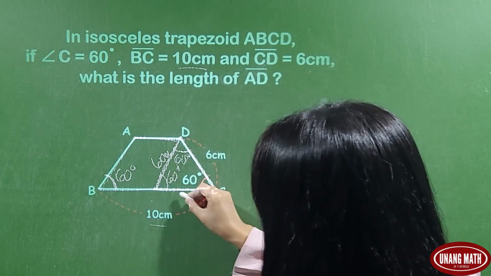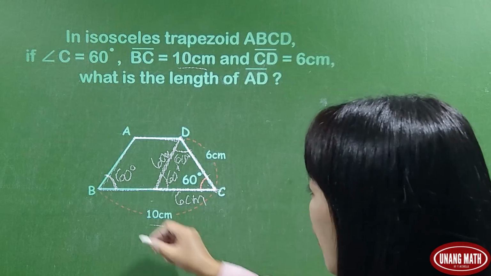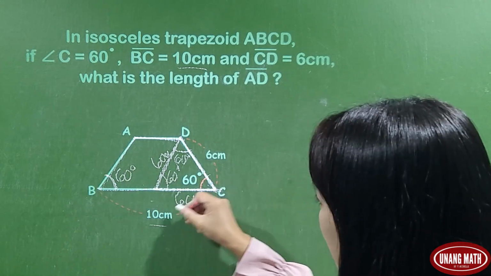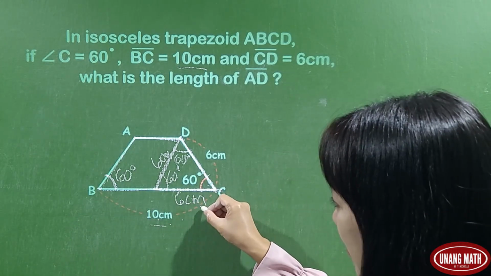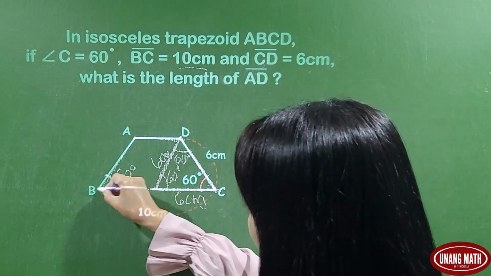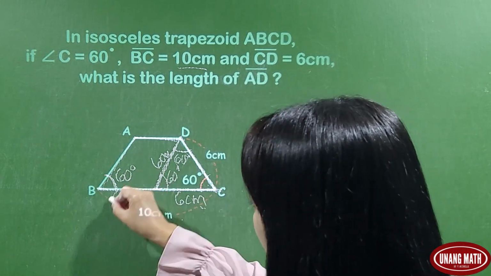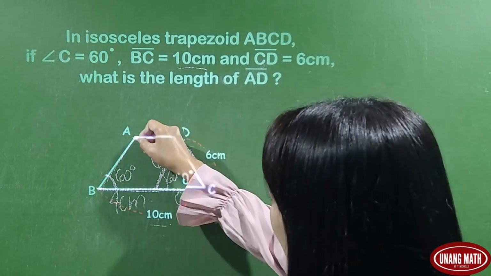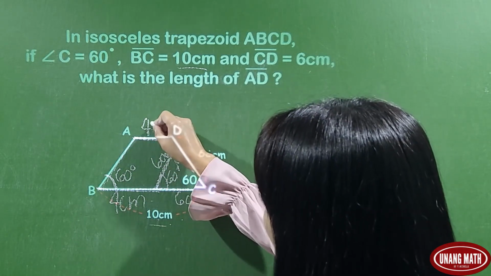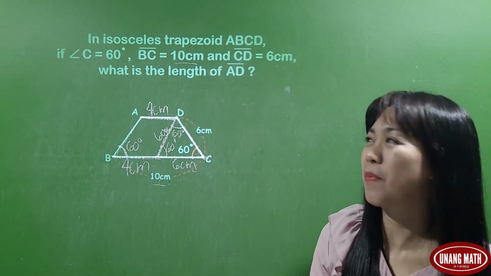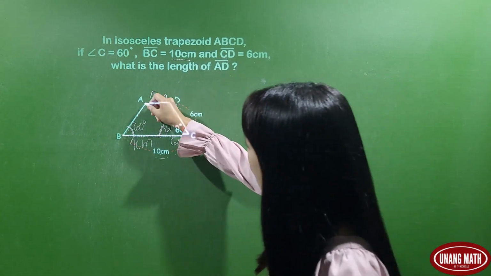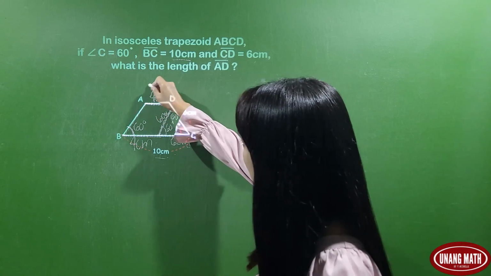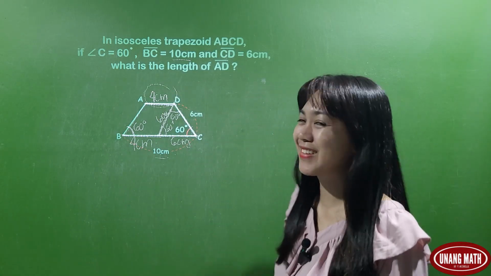This is also 6 centimeters. So from here to here, it's 10 centimeters. So 10 minus 6 means from here to here is 4 centimeters. This side is equal to this side, so this is also 4 centimeters. So segment AD, or this side of this trapezoid, is 4 centimeters.